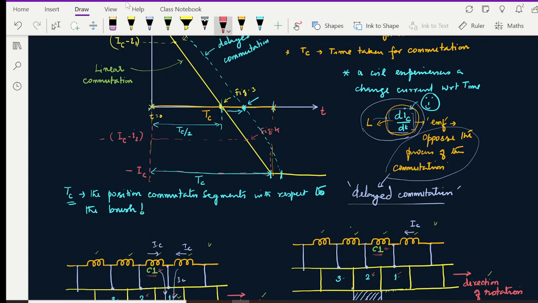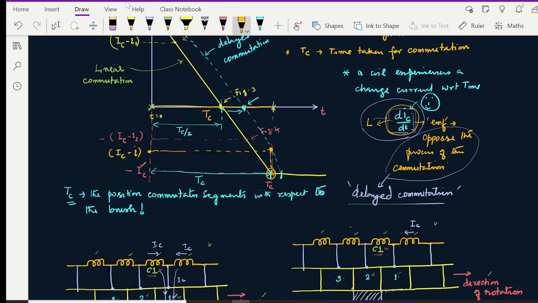At TC, you can still find a current which is less than IC. Let me call that IC minus I. So ideally at TC, we are trying to see a current minus IC in coil 1, but because of delayed commutation, the dotted line represents the delayed commutation.